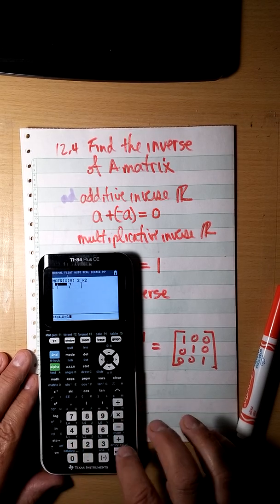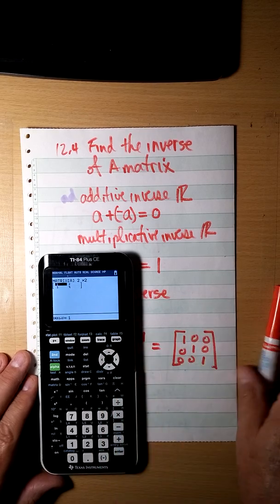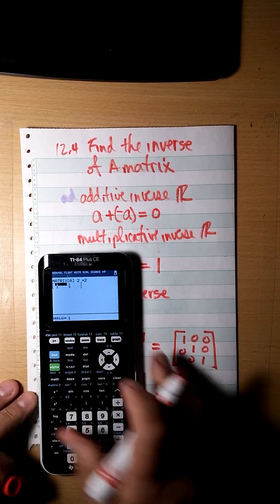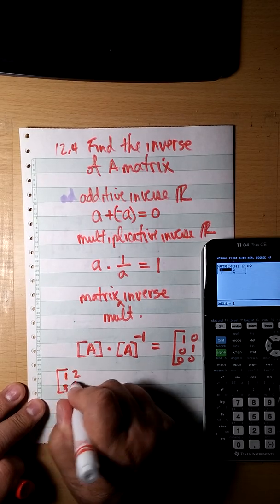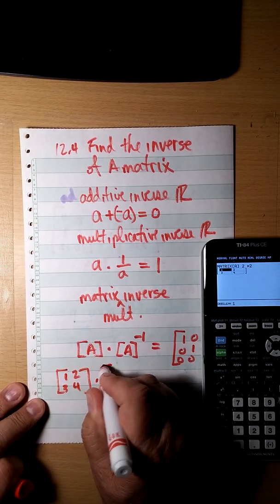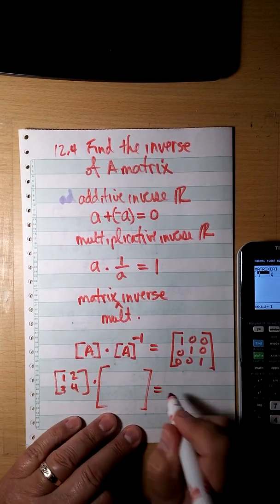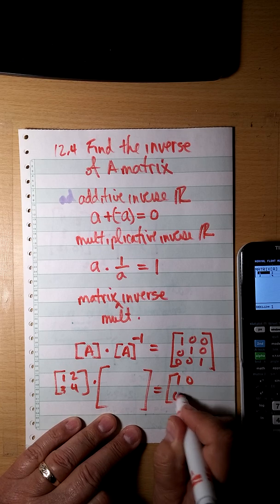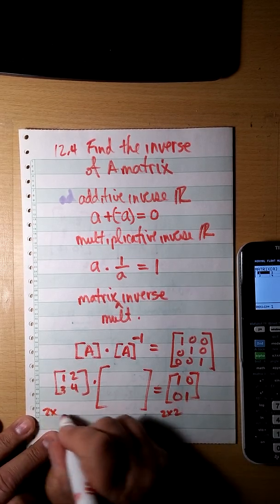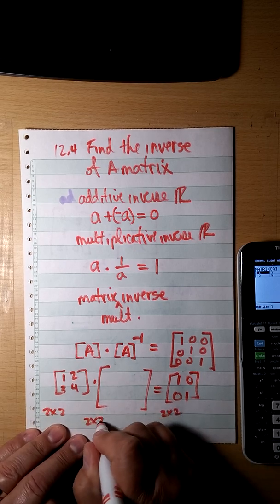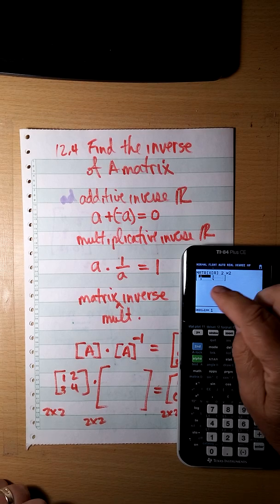If we put in 1, 2, 3, and 4, and A is 1, 2, 3, 4, we want to know what is the inverse to get 1, 0, 0, 1. That's the identity for a 2 by 2. This will also be a 2 by 2, but we'll find that it's got some fractions in there.